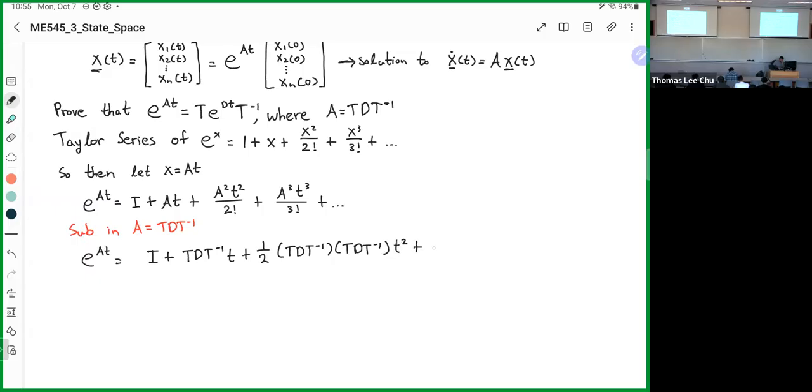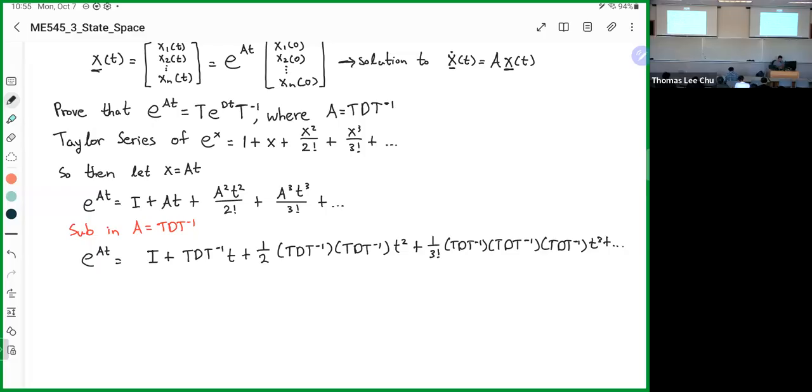And pull out the 1 over 3 factorial here and plug that in again. You get t d t inverse multiplied by t d t inverse multiplied by t d t inverse multiplied by t cubed. And that just goes to infinity.